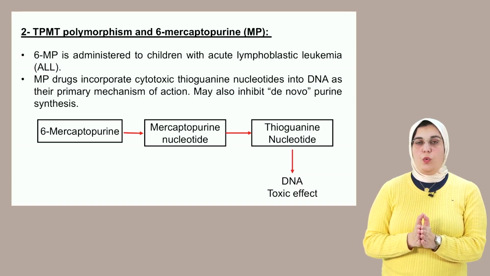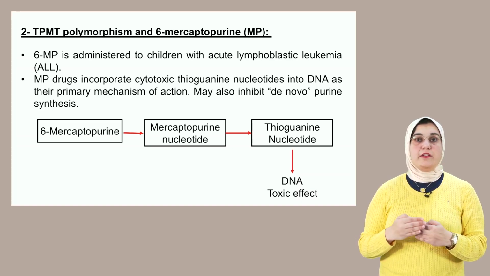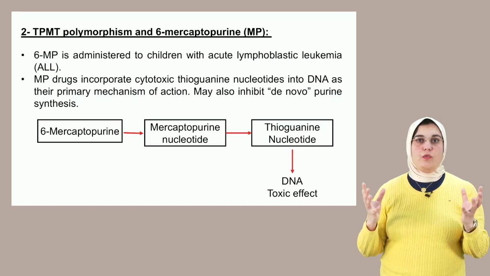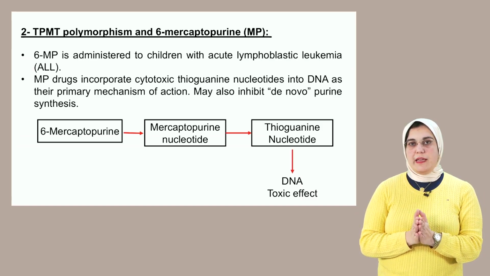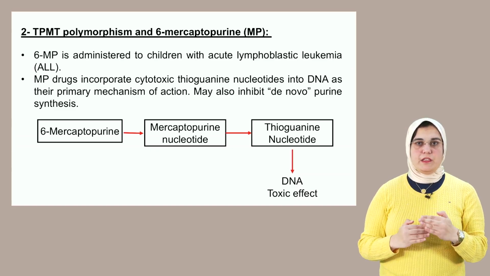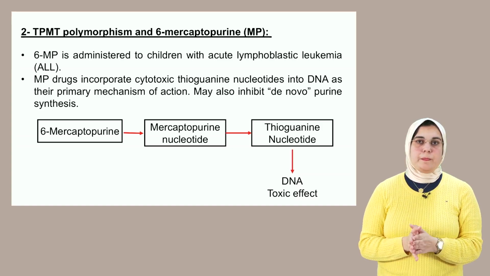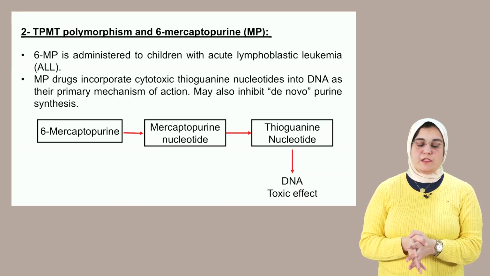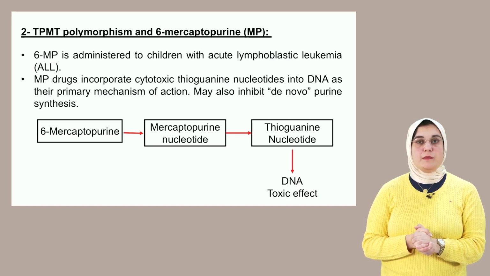As we all know, cancer cells are replicating and dividing very fast, and they grow very fast. So if we want to treat that cancer, we should decrease the level of replication or duplication of the cancer cells by killing them. So how in this case? We try to kill them by the 6-mercaptopurine.